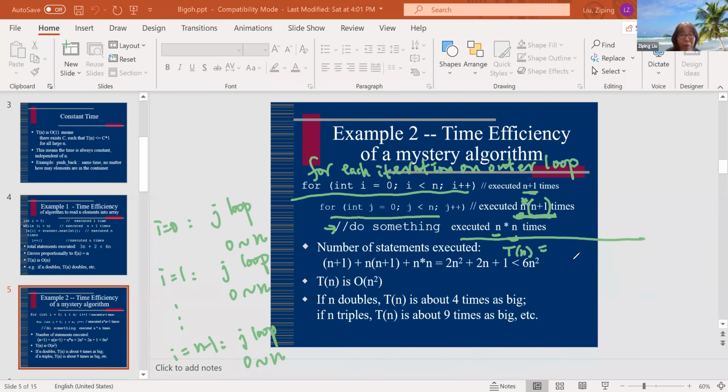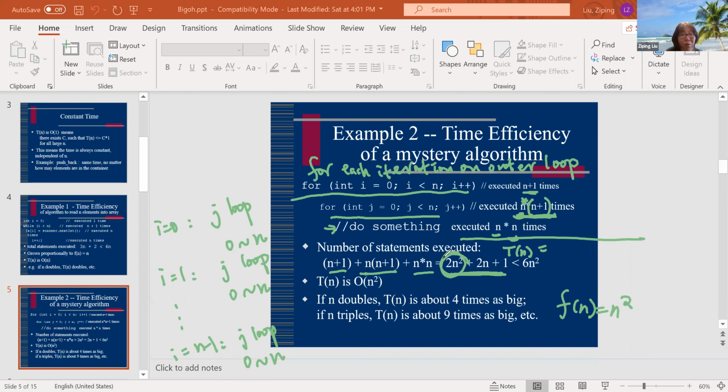Then you're going to add all three together: N plus 1, N times N plus 1, and N squared. We can find it's 2n squared plus 2n plus 1. And we said we always just care about the highest order term.